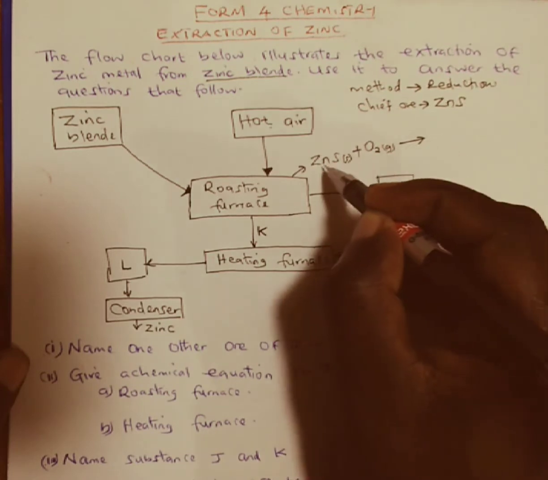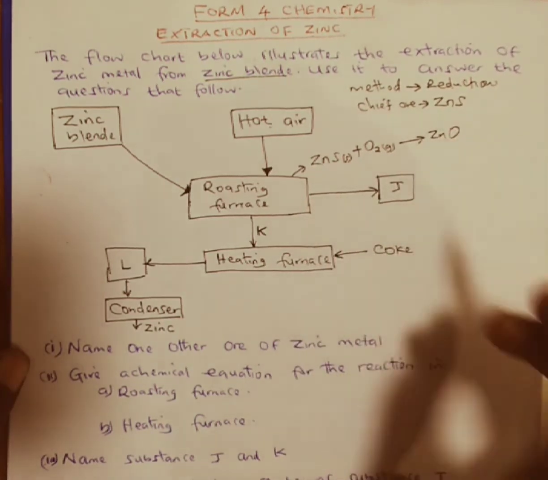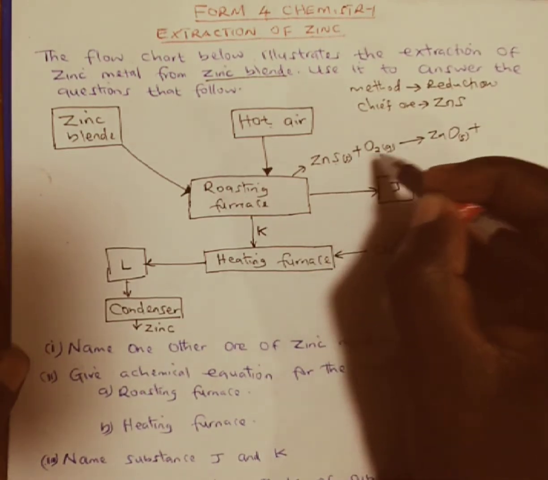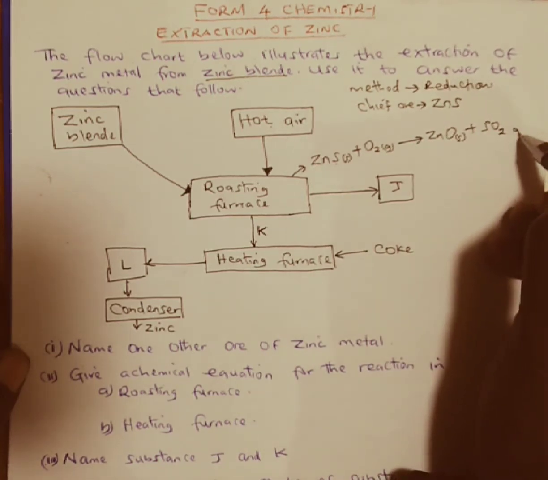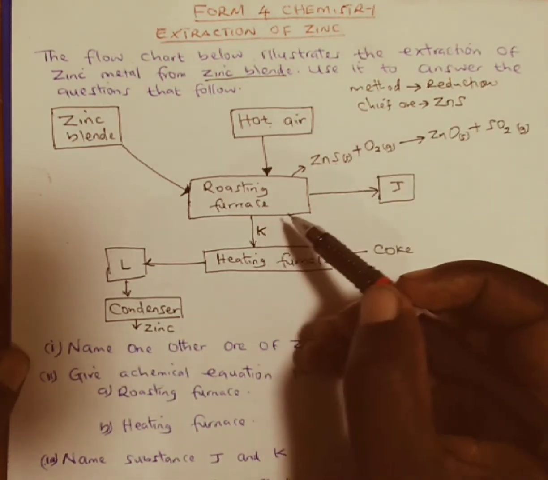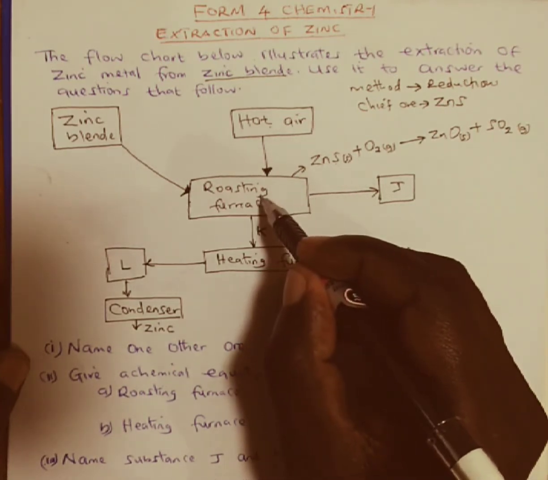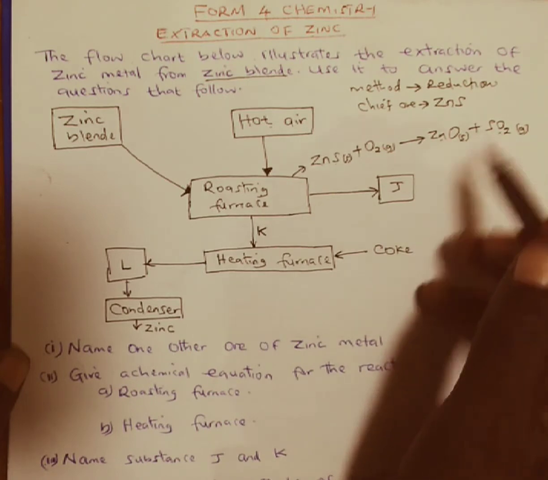For it to give zinc oxide, which is a solid, plus of course sulfur 4 oxide, which is a gas. So we are coming down. We have from the roasting furnace the zinc oxide and sulfur 4 oxide.